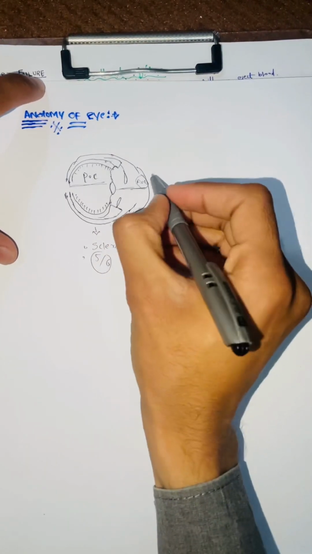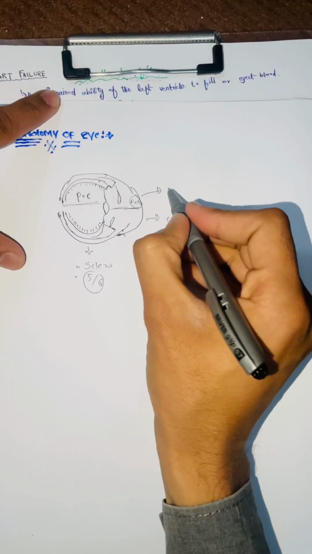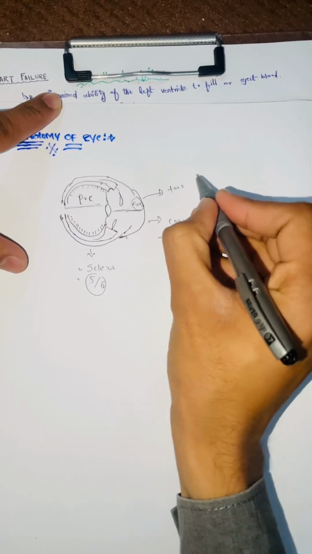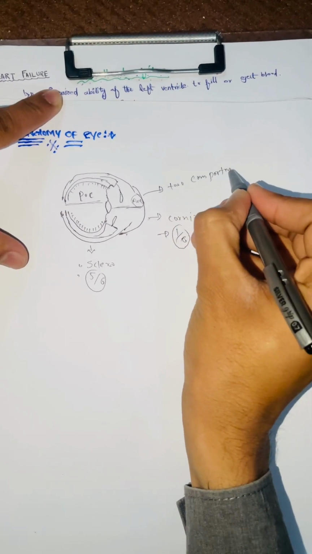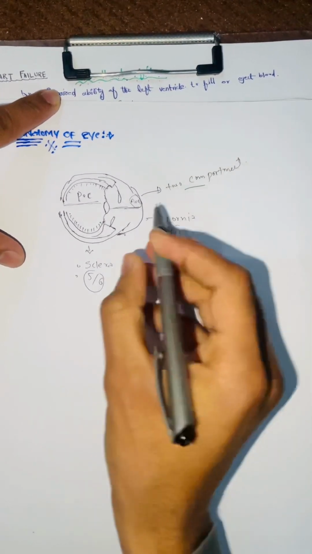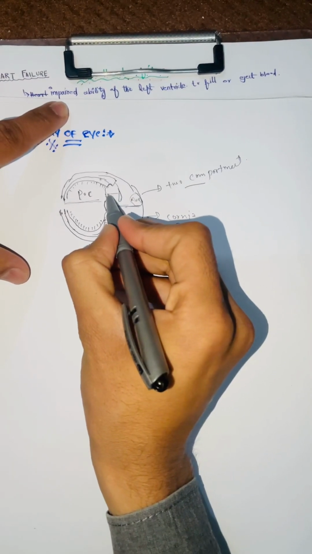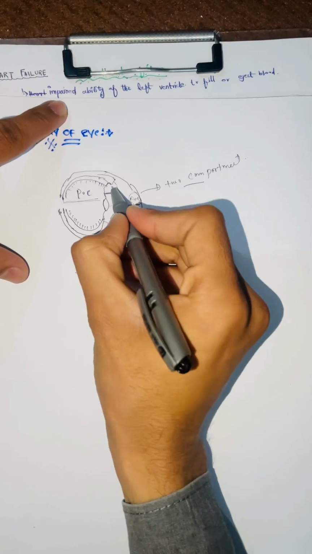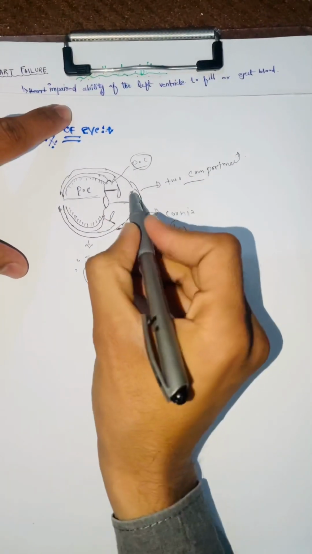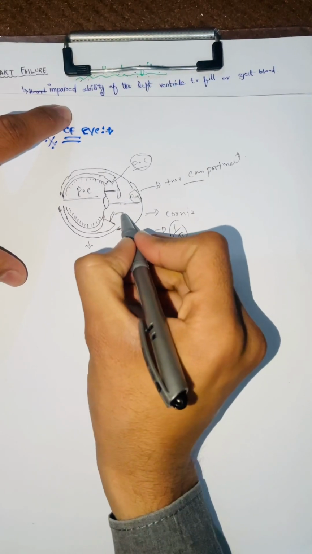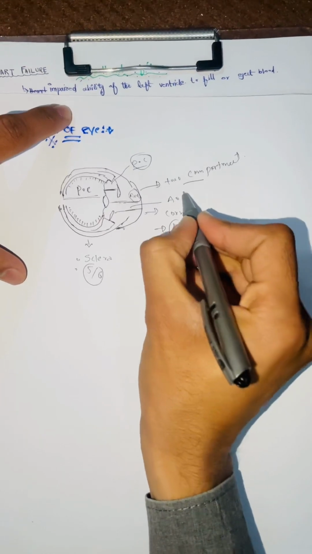But the anterior chamber is further divided into two compartments by the iris. Behind the iris up to here is the posterior compartment, and from the iris up to here is the anterior compartment.